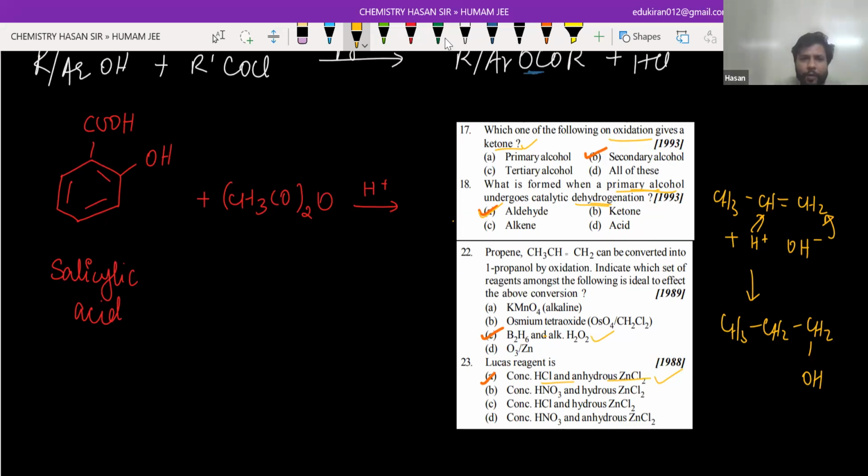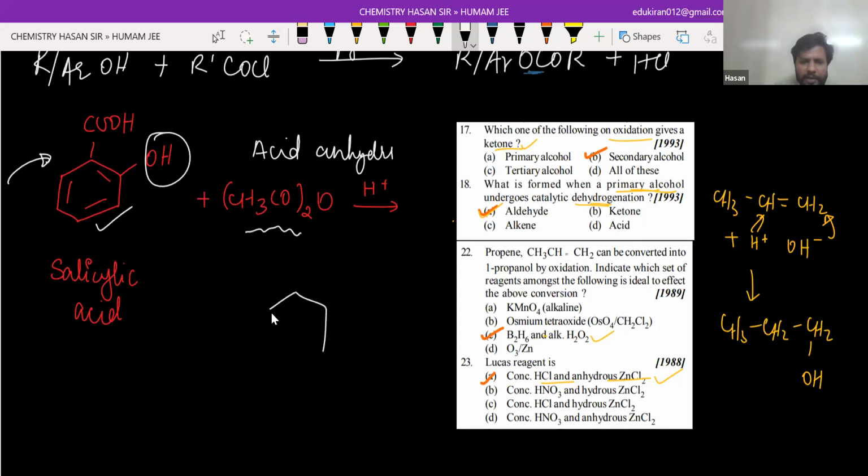Okay, see this. When you are going to react this with CH3CO, means acid anhydride, you know that I just gave you acid anhydride reacts with alcohol to form ester. So what will be the product?